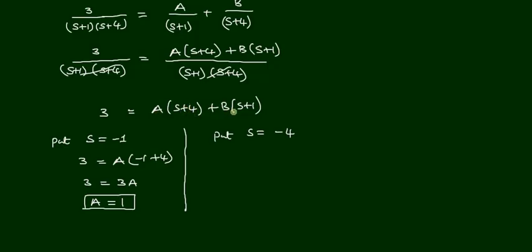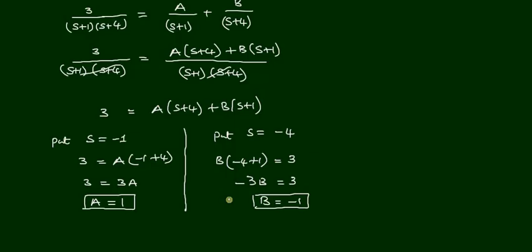Then B into (minus 4 plus 1) equals 3. So minus 3B equals 3, thereby B value is equal to minus 1. So A is 1 and B is minus 1.